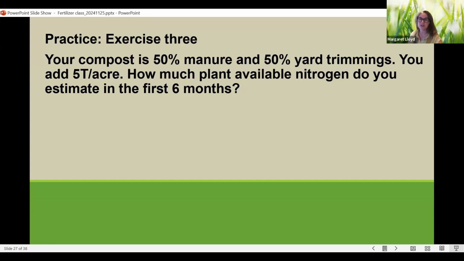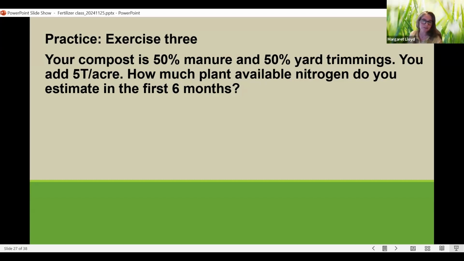So you can use either the online calculator that Patricia shared, or you can use the figures in your 8712 document. And I would direct you to figure 8 and figure 9 in the 8712 document.